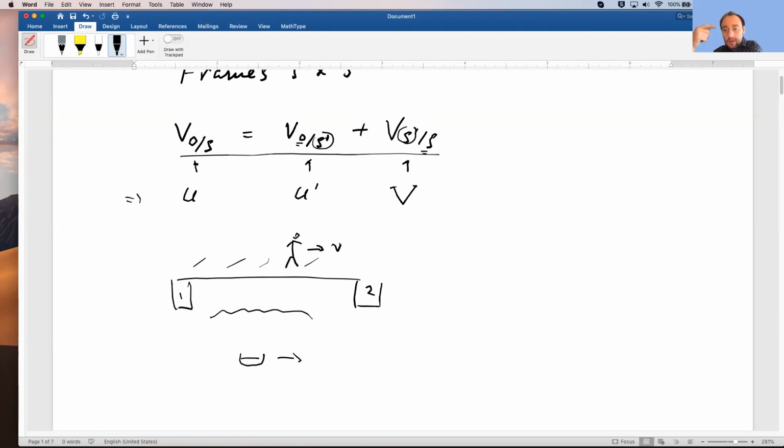If you think about just the physics, not math, when the boater is going from pier 1 to pier 2, he or she has to outrun the river relative to the shore by speed v. So regardless of how fast the water is moving, the boater has to move in the positive x direction with speed v relative to the river.